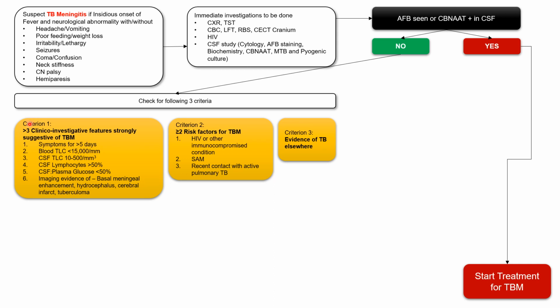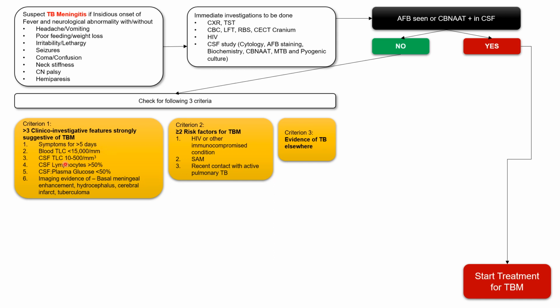So what is the first criteria? If 3 or more criteria among these 6 are present, it is considered positive. What are those 6 criteria? First, have the symptoms been present for more than 5 days? Any symptoms, be it fever, cranial nerve palsy, neck stiffness, anything. Second, the TLC is less than 15,000 per cubic millimeter.